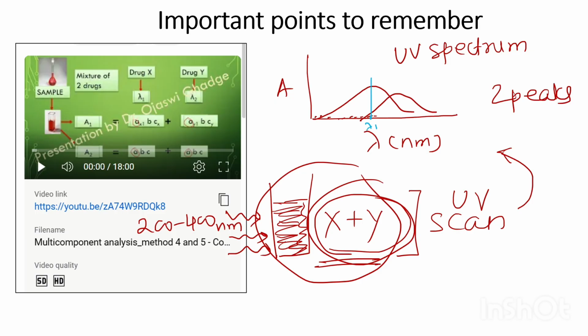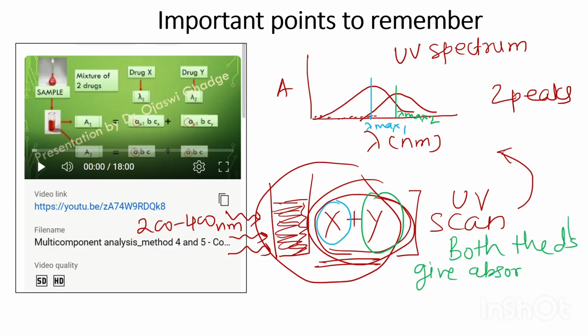This is the lambda max of drug 1. Suppose this is X. And this is the lambda max of the second drug, which is Y. So what do I see here? I see that both the drugs give absorbance at each other's lambda max. That is the problem.